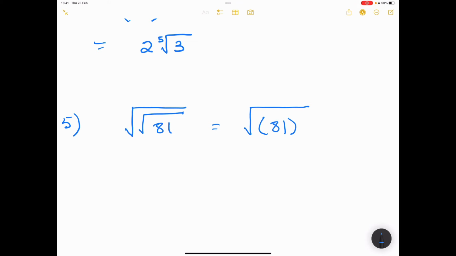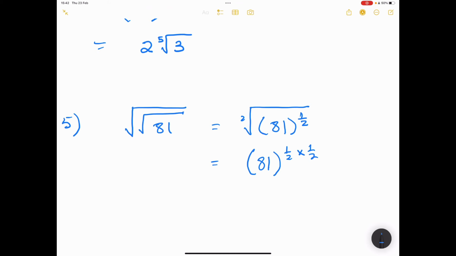Now remember, this first square root becomes 1 over 2, but I can also write this as 81 to the 1 over 2, and that square root now also becomes 1 over 2.